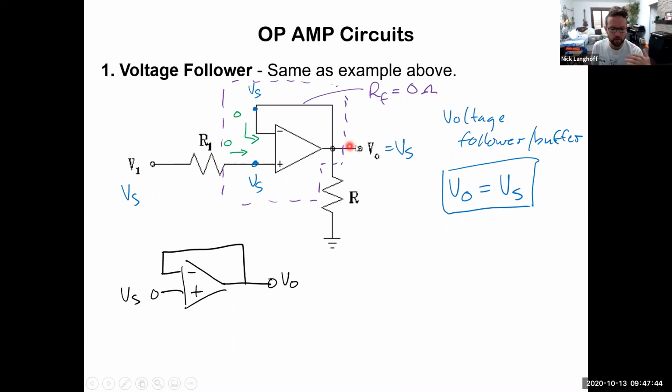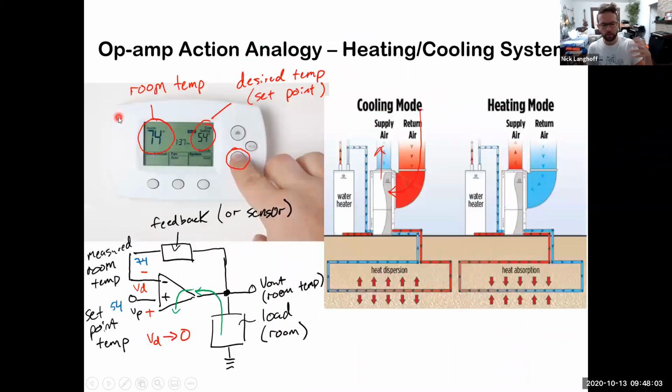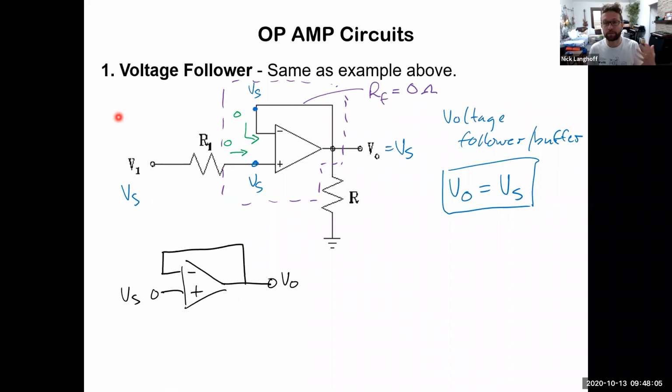So it gives you the voltage source back with renewed vigor. It can drive the current loads. We talked about the fact that it doesn't load down. It prevents loading the source down; the load does not load down the voltage source. And that's the benefit or the virtue of the voltage follower or buffer.